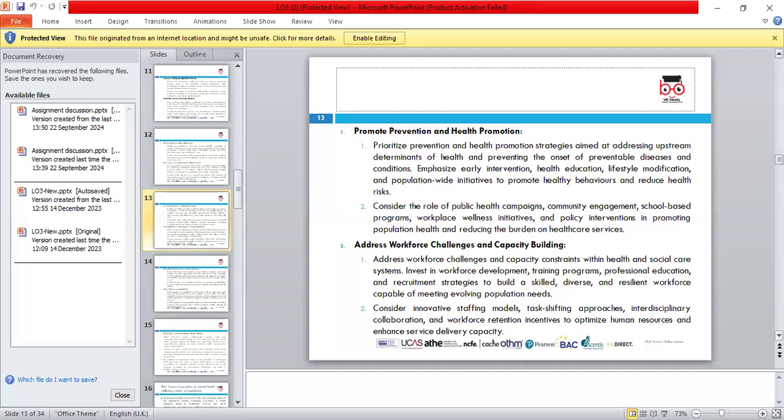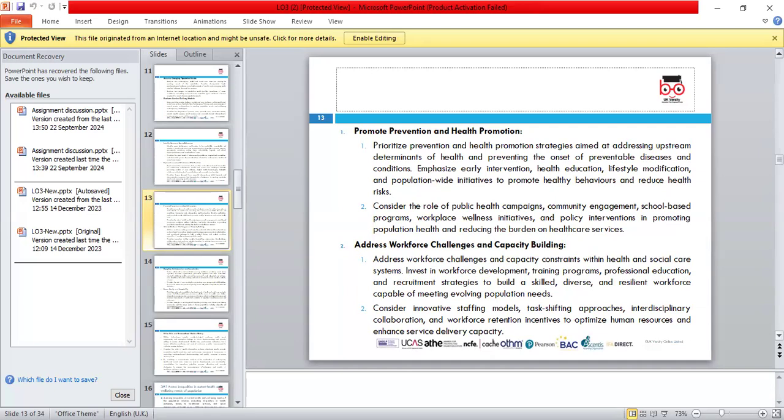Emphasize early intervention, health education, lifestyle modification, and population-wide initiatives to promote healthy behaviors and reduce health risks. Consider the role of public health campaigns, community engagement, school-based programs, workplace wellness initiatives, and policy interventions in promoting population health and reducing the burden on healthcare services.